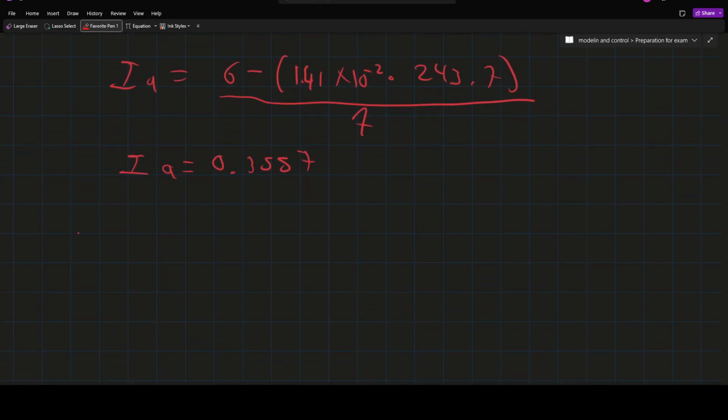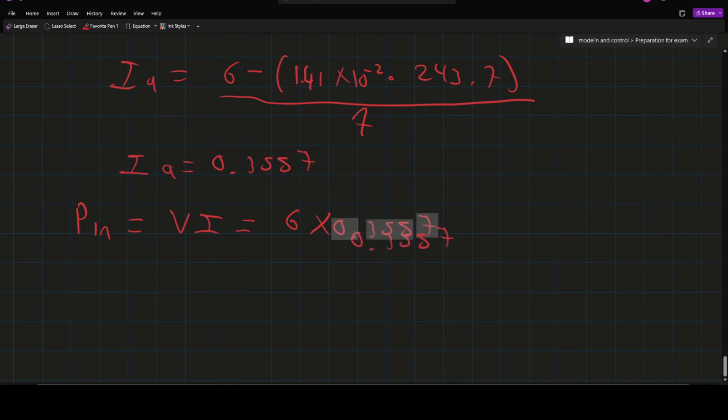So our power in is going to be equal to our voltage times our current. We have our voltage of 6, we have our current of this, so our power is 2.13 watts.